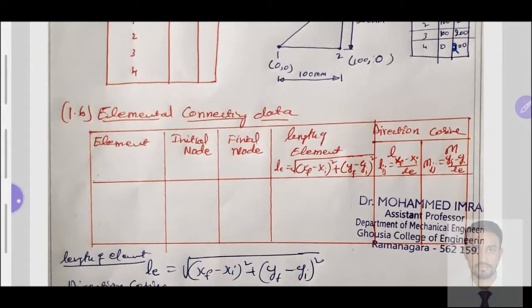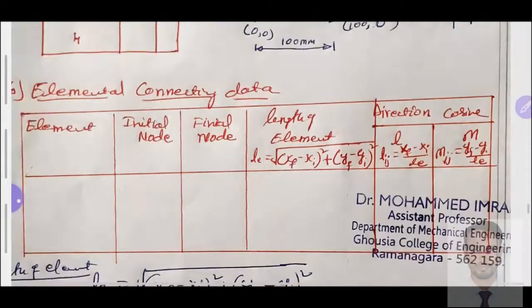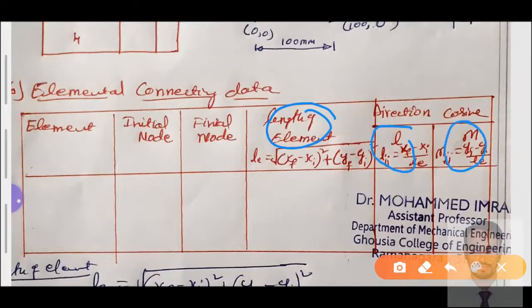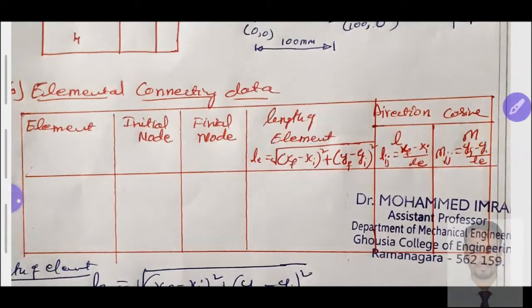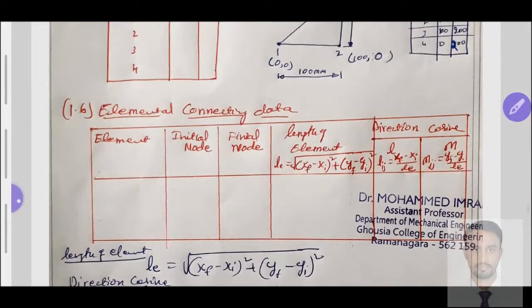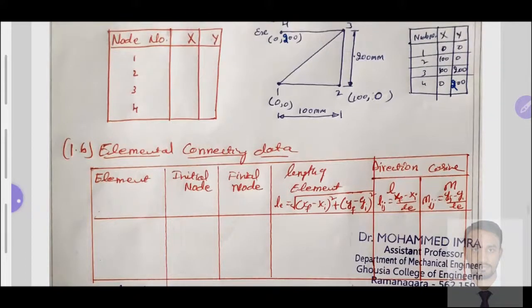After getting the nodal coordinate data, the next data we need to collect from the given problem. As I have discussed, the stiffness matrix requires the length of the element and the direction cosines. Without these we cannot get the elemental stiffness matrix for a truss element, and I have explained the direction cosine clearly in the derivation of the elemental stiffness matrix for a truss element.